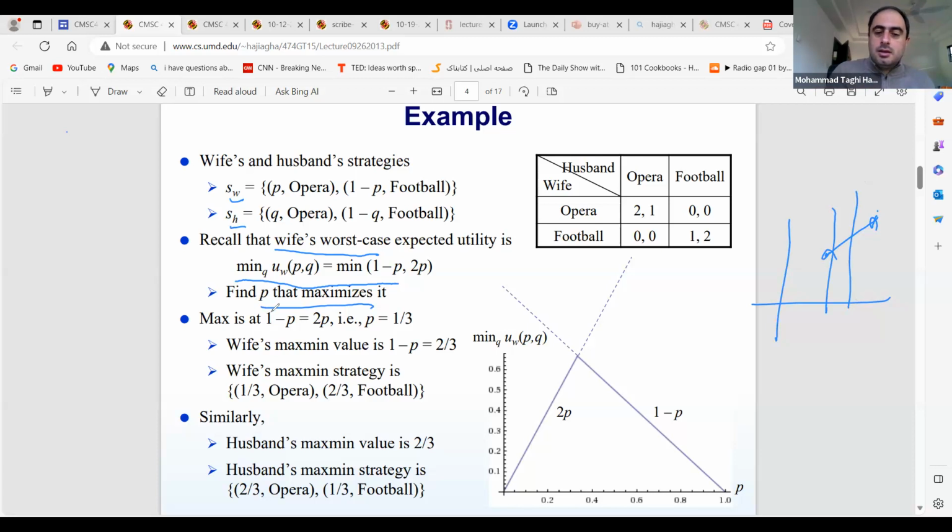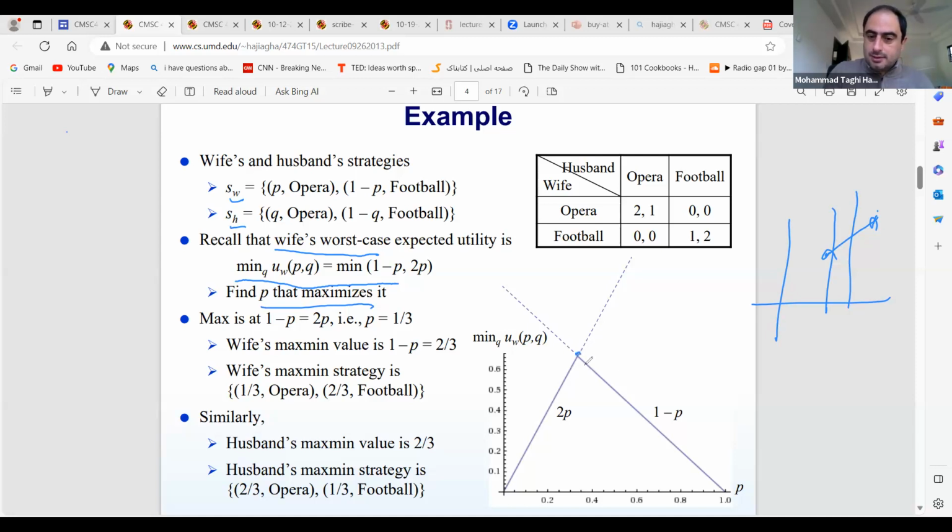Now, if you just draw these two lines, and this is a general idea, when you try to maximize the minimum of two things, generally the maximum happens where they are equal. Why? Because you are drawing these lines, and the vertex, as we call it in linear programming, happens when two lines intersect.